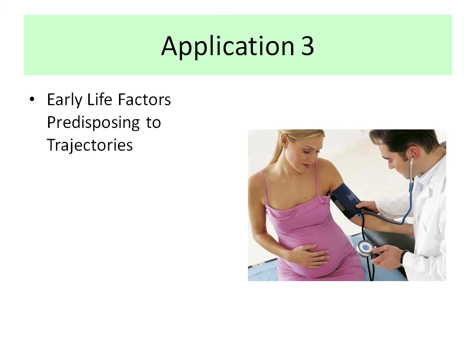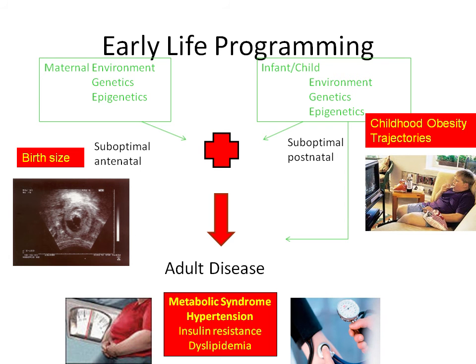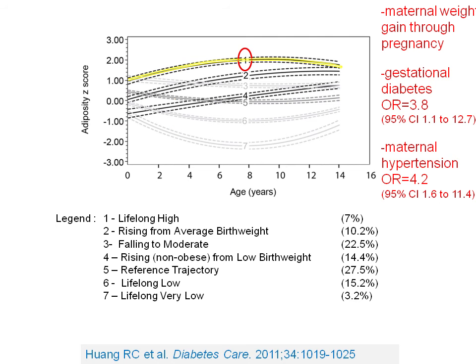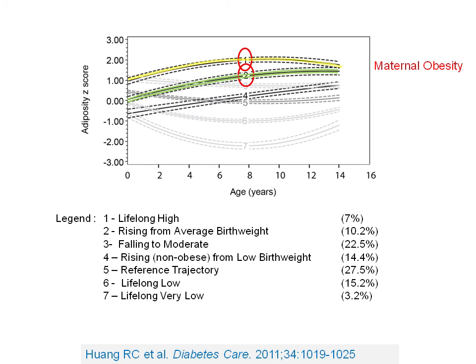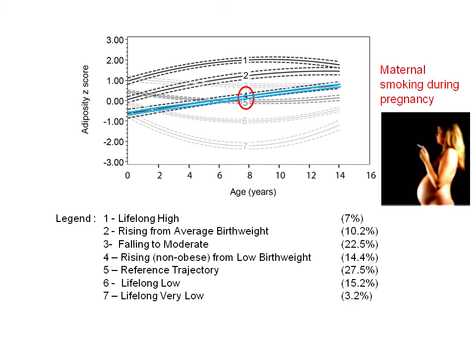And indeed, we did see that factors like gestational diabetes, maternal hypertension, and maternal weight gain through pregnancy were associated with the yellow trajectory, or trajectory 1, which reflected chronic high, lifelong adiposity. Breastfeeding of short duration also increased the risk of being in this trajectory. Maternal obesity was associated with the yellow and green trajectories, and maternal smoking with trajectory 4.